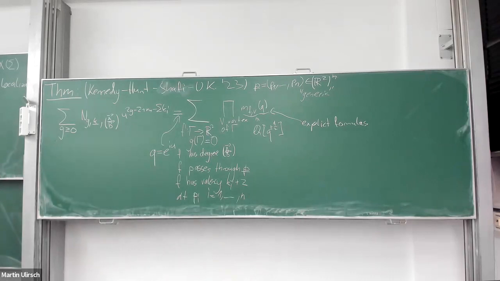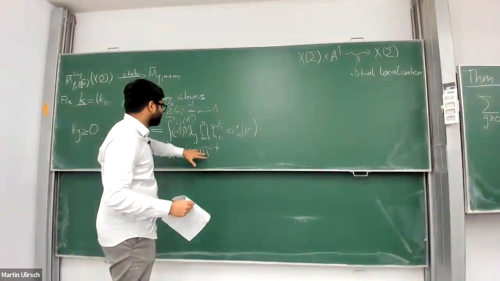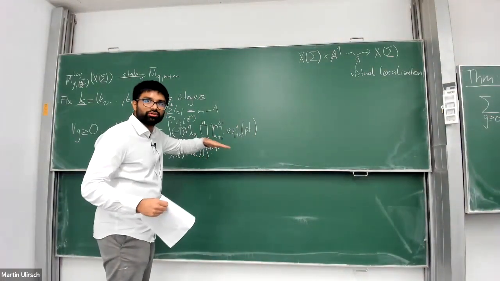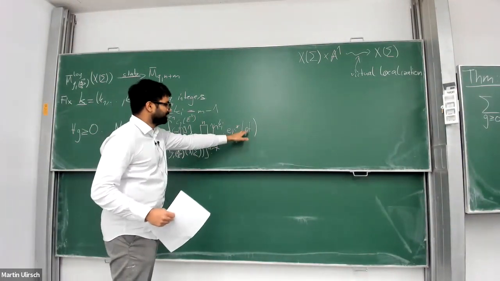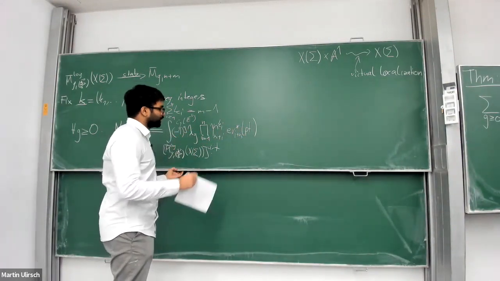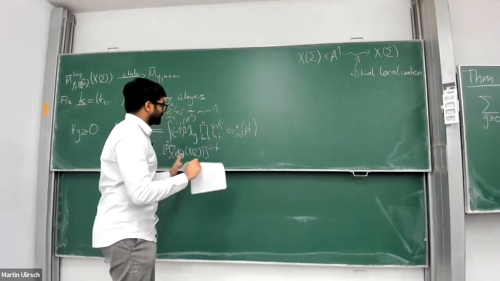No, all the calculations are happening on the surface. But this would also give some correspondence on the threefold. You can ignore this lambda G and write X of sigma cross A1, or you could also write X of sigma cross P1, but somehow in the P1 direction you're degree 0. And with the point classes, you have to be a bit more careful about what exactly you put in here, but more or less that.